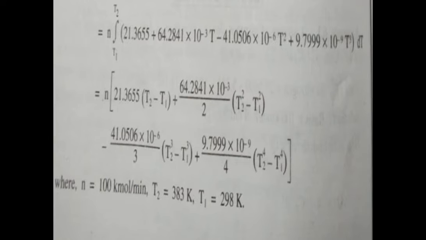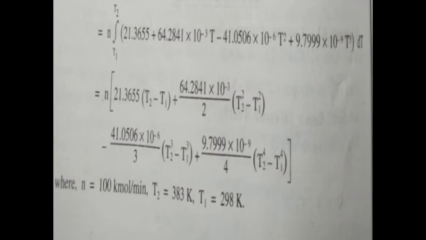21.3655 integration for t. Substitute the upper limit minus lower limit, t2 minus t1. Second term plus 64.2841 into 10 to the power of minus 3 t squared by 2. So the upper limit minus lower limit, t2 square minus t1 square.